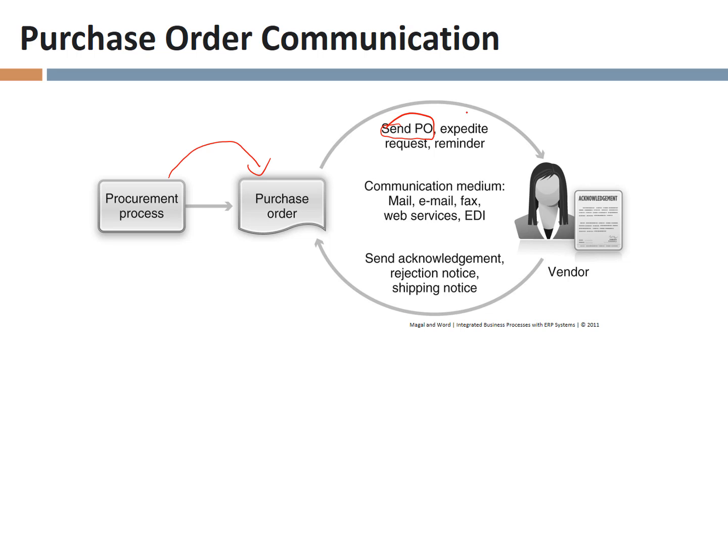So notice this, we could set up our system to send the purchase order, and then we can even set it up to do things like send reminders or to send expedite requests. So the idea might be this, I order something and I say I want delivery on November 1st. So a purchase order gets sent out for November 1st. I realize I need it faster than that.